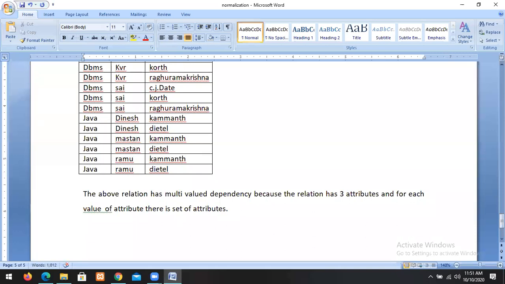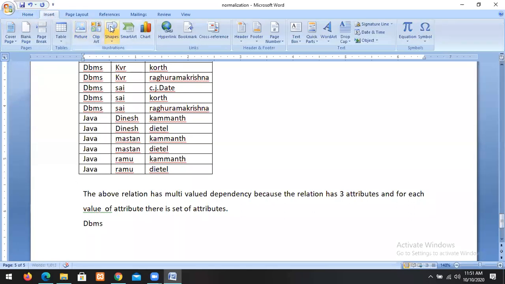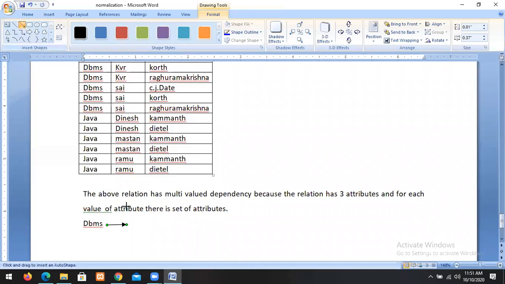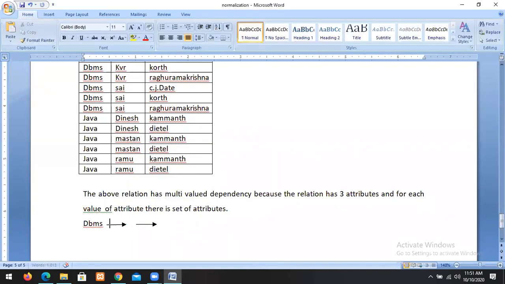For example, we have DBMS. For DBMS, we have a set of teachers. Similarly, DBMS.